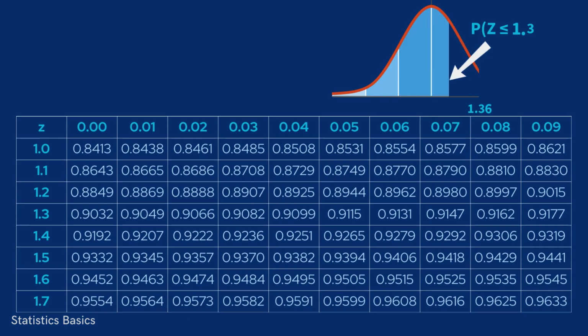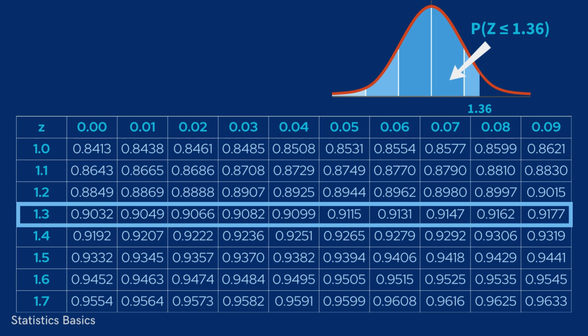Now let's say you want to find the probability of getting a value less than 1.36 in a standard normal distribution. This corresponds to the area under the curve to the left of 1.36, also known as the left tail probability. To find this using the z-table, locate the row for z equals 1.3 and the column for z equals 0.06.